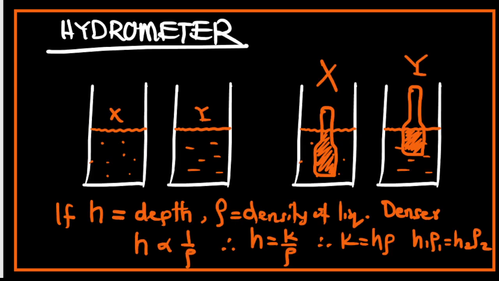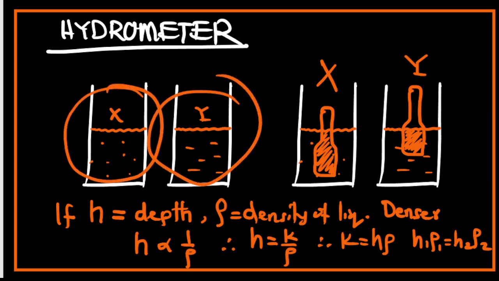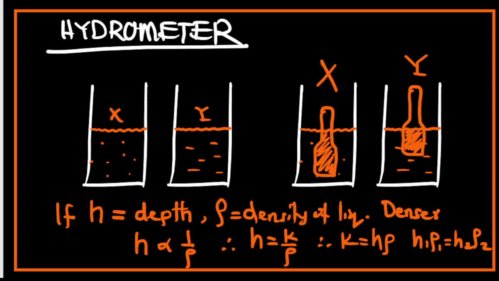Alright, moving on. We talked about a hydrometer. Two liquids, X and Y, are in two different containers but filled to the same level. We want to be able to use a hydrometer to tell the story of its density. A denser liquid is going to give a level of resistance to an object that wants to penetrate it.